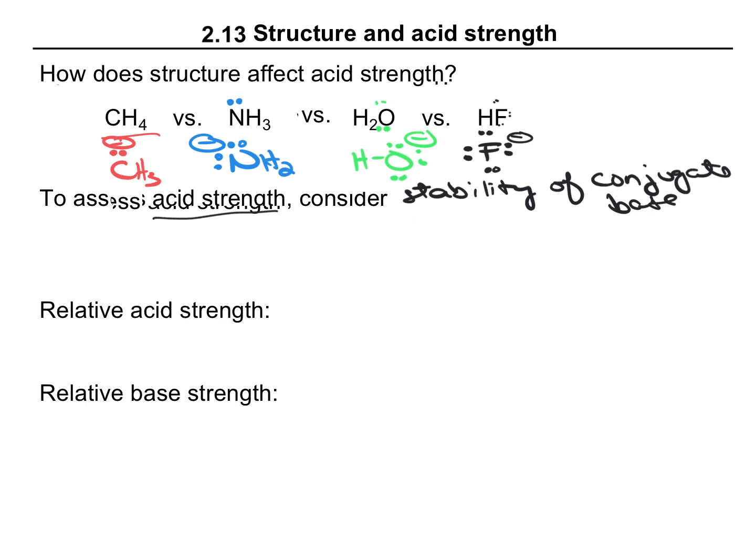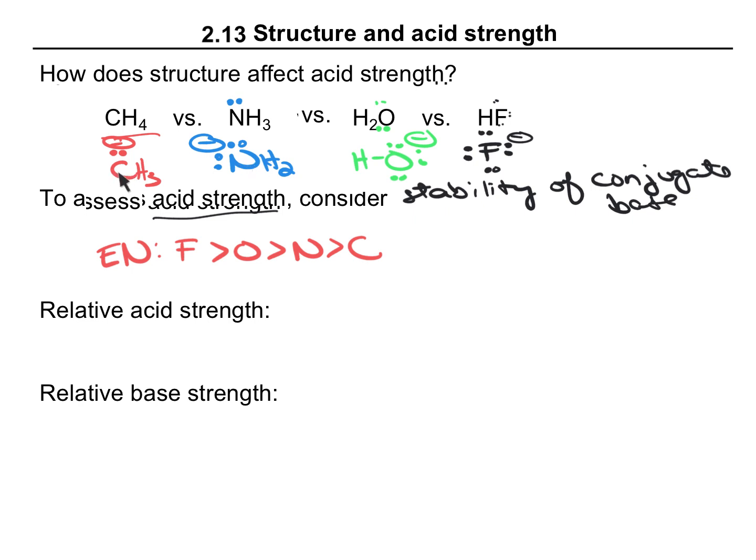So in terms of electronegativity, we know that fluorine is more electronegative than oxygen, which is more electronegative than nitrogen, which is more electronegative than carbon. So as we compare these conjugate bases, fluorine is the most electronegative, so this is the best able to bear that negative charge. Oxygen's not quite as good, nitrogen's not nearly as good.